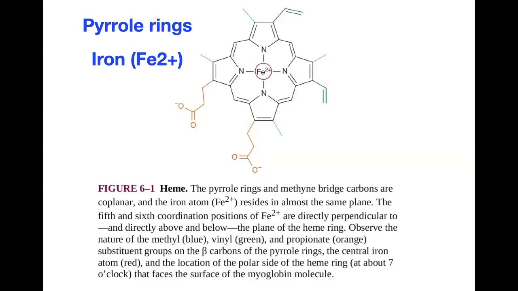So please take note of this. If you are asked in any basic examination what the two important structures which comprise heme are, number one is the pyrrole ring. Number two is your iron, your Fe2+.